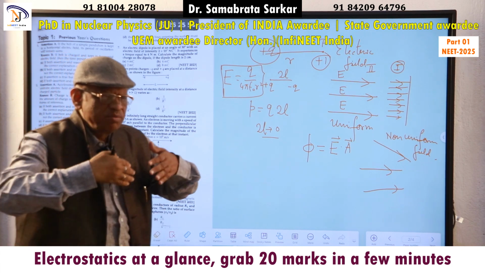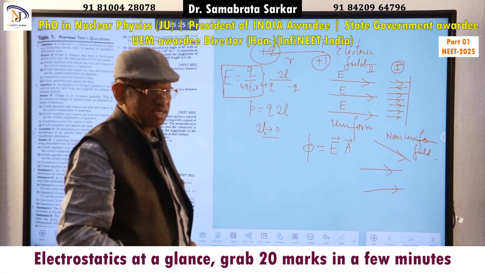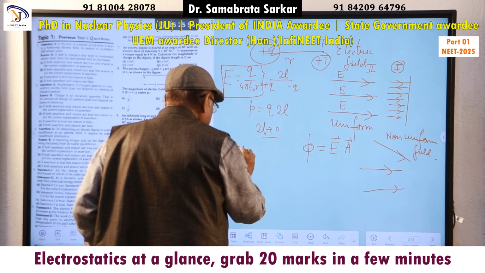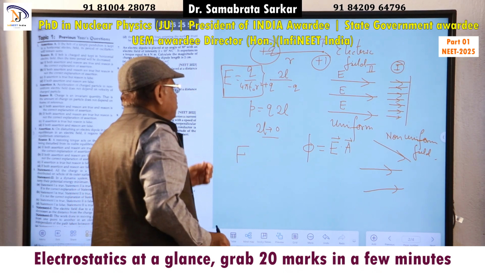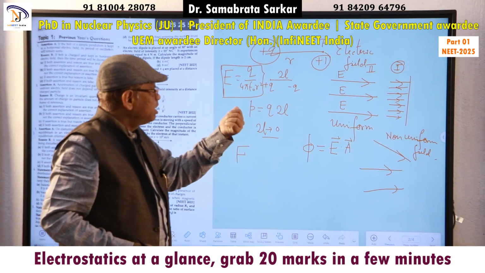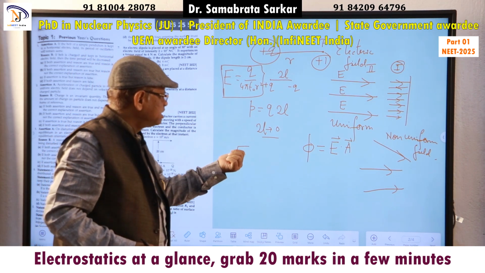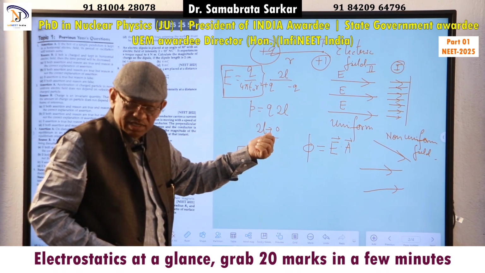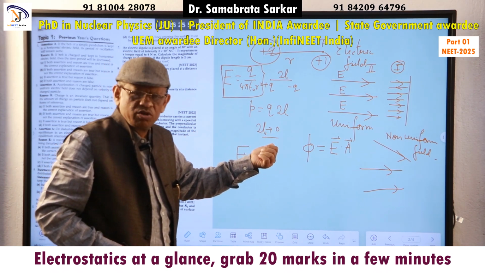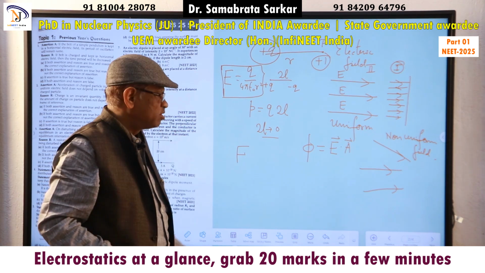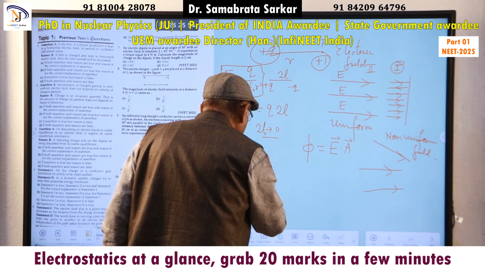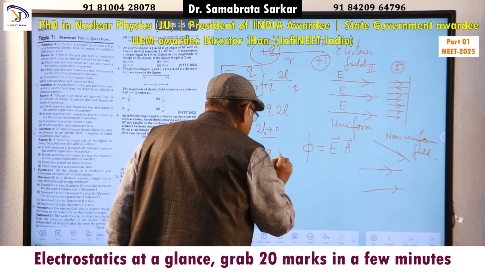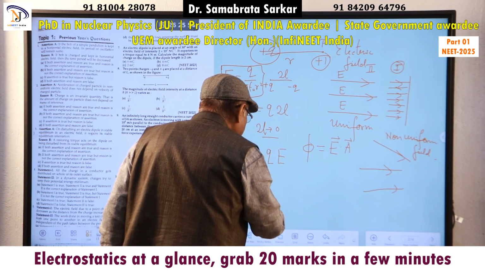Okay, what is the relation between electric field and field intensity? Suppose F is a force. The force on one unit of charge is called field intensity. Then if a charge Q is there, the force realized is F equals Q into E. Very easy.